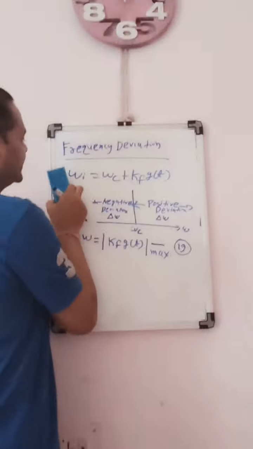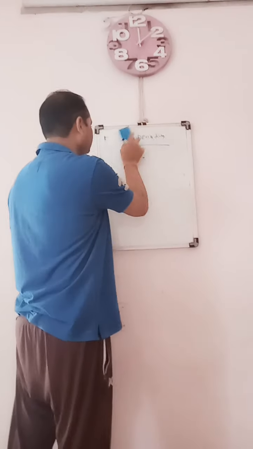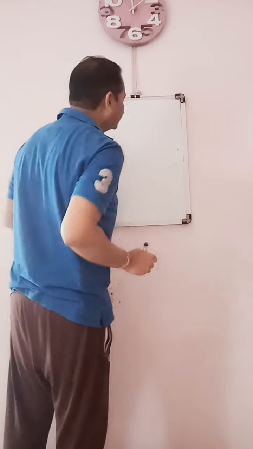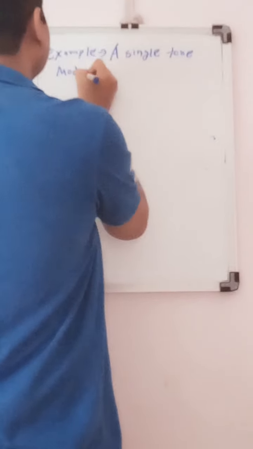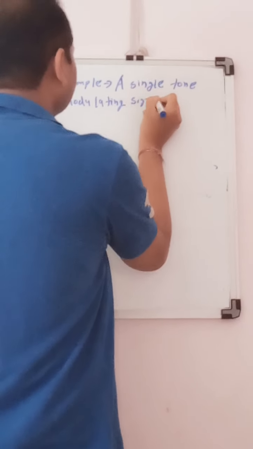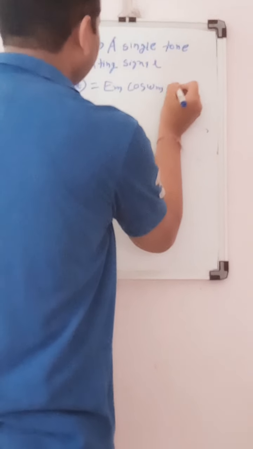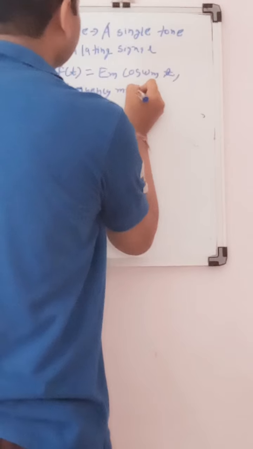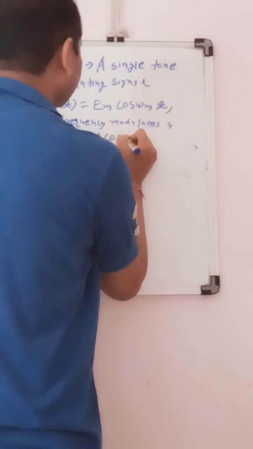So let's take an example. Suppose we have a signal f(t), given as a single tone modulating signal, f(t) equal to Em cos omega m t, which frequency modulates a carrier A cos omega c t.